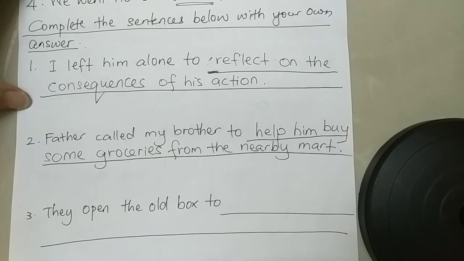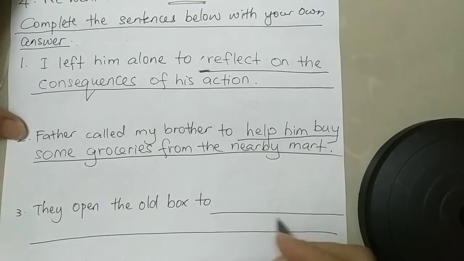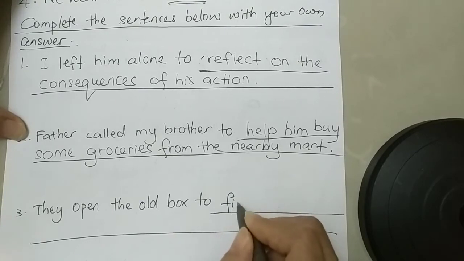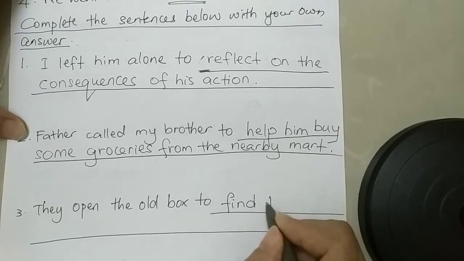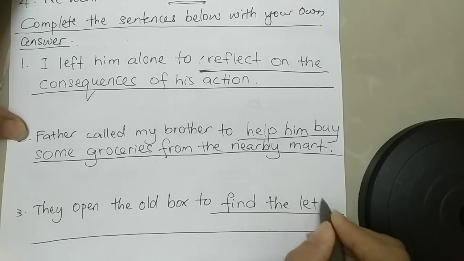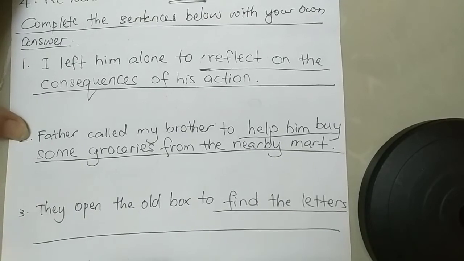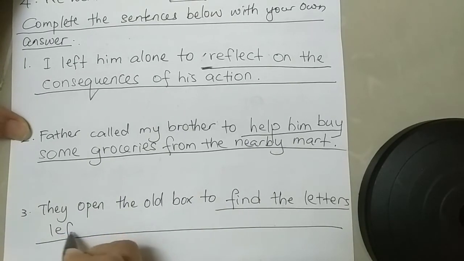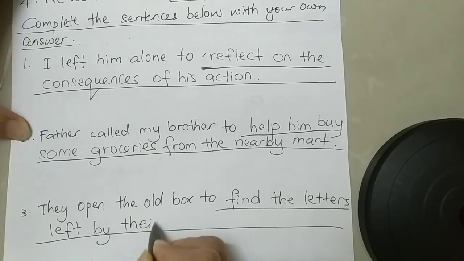Alright, next. They open the old box to, well, it can be anything that they want. Probably they open the old box to see what is inside it. So it can be as short as that. For my answer, I would say, to find the letters left by their mother.